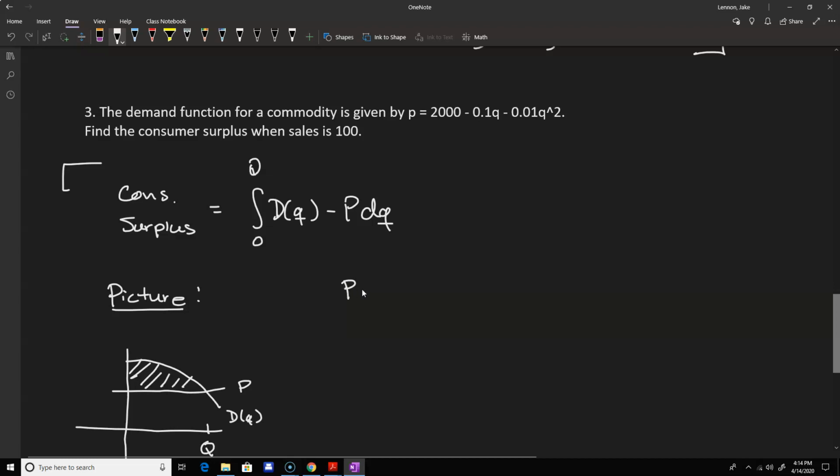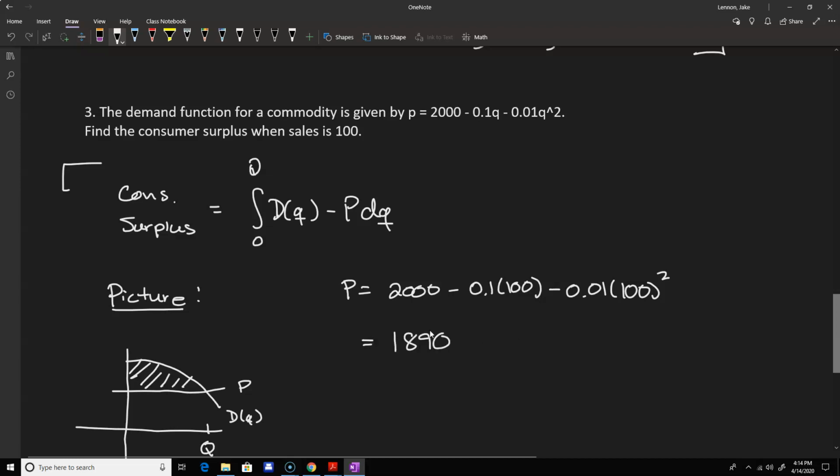So capital P is going to be 2,000, and then we plug in the 100 for Q. So that's 0.1 times 100 minus 0.01 times 100 squared. So this comes out to 1890.